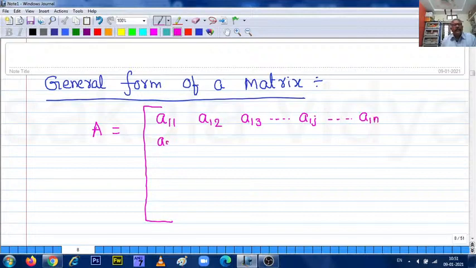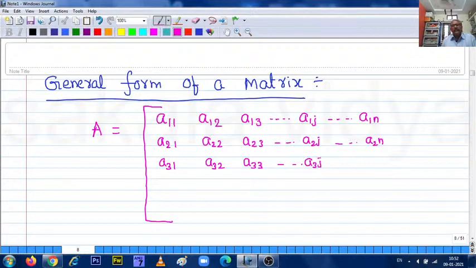Next A21, A22, A23 up to A2J up to A2N. You can write A31, A32, A33 and so on, A3J up to A3N, and it will be continued like this.